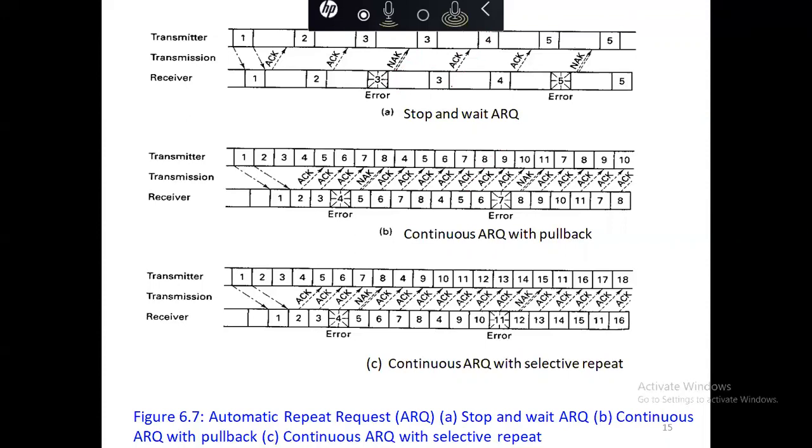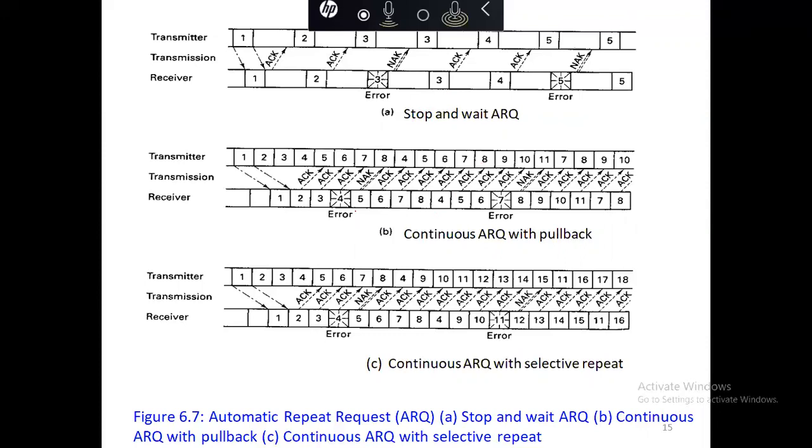So it's not the proper way because it stops the communication. So we use continuous ARQ with pullback.